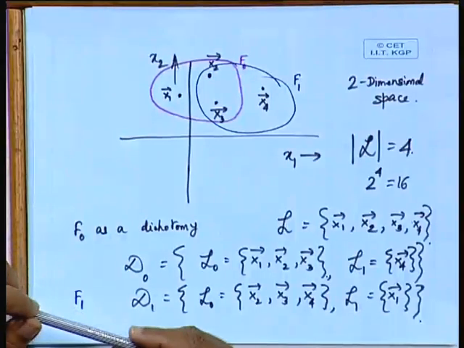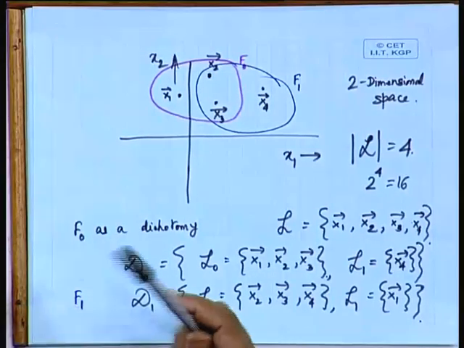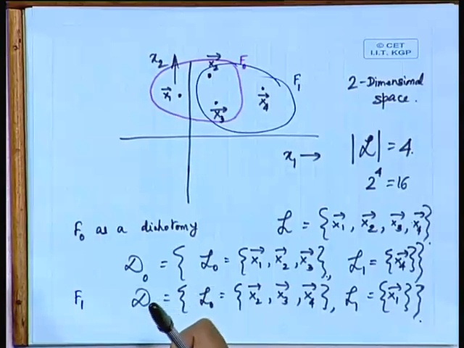Now, the VC dimension's definition says that it is the maximum number, listen carefully, the maximum number of n which makes 2 to the power n number of dichotomies that actually shatters this L space.